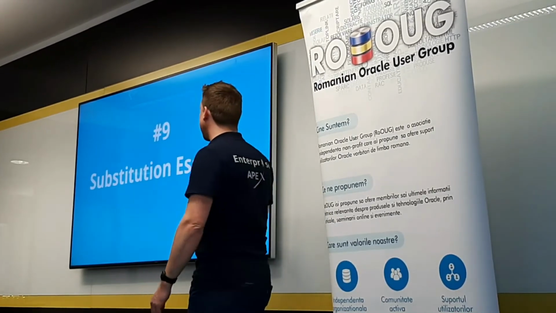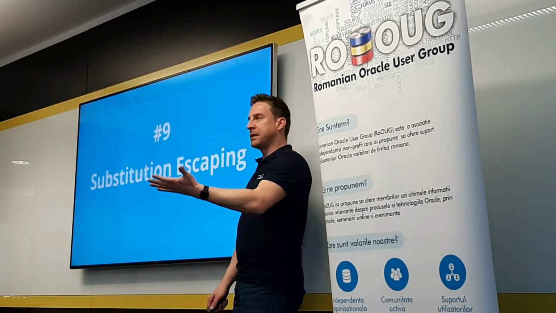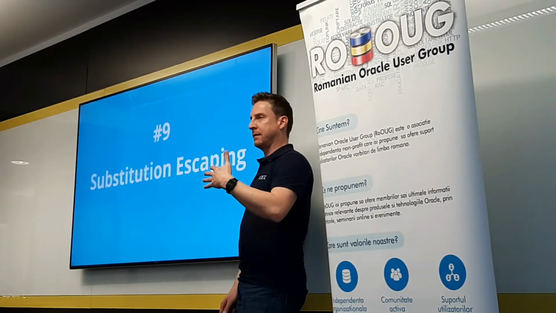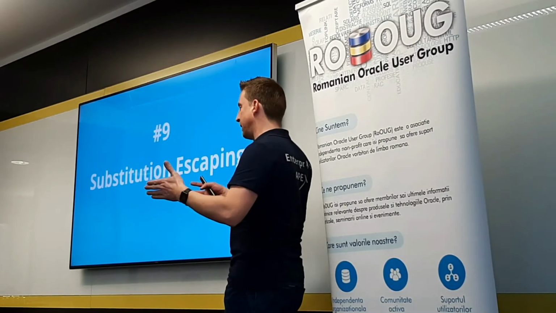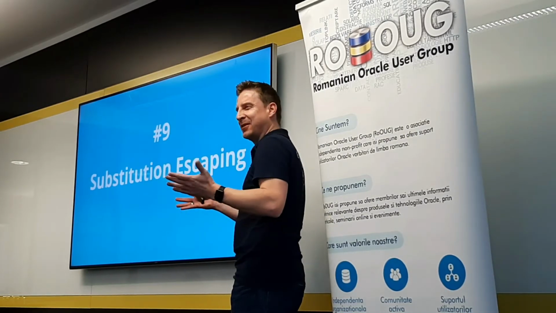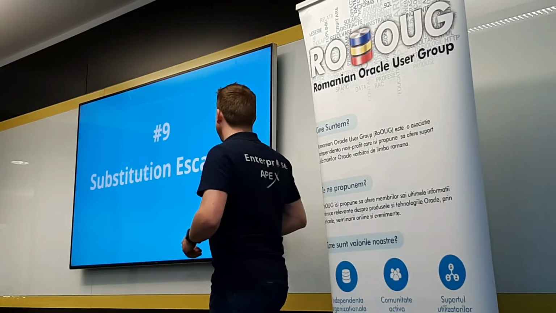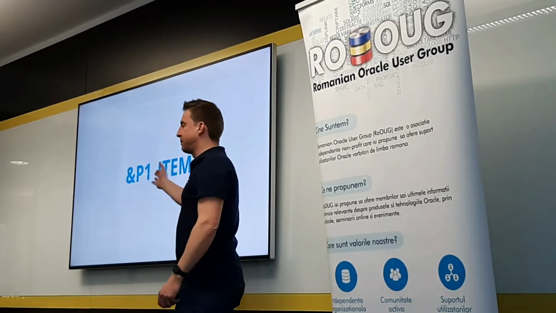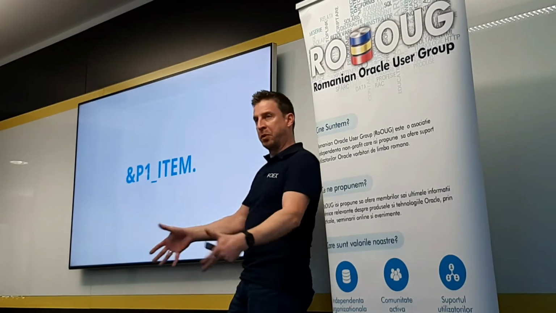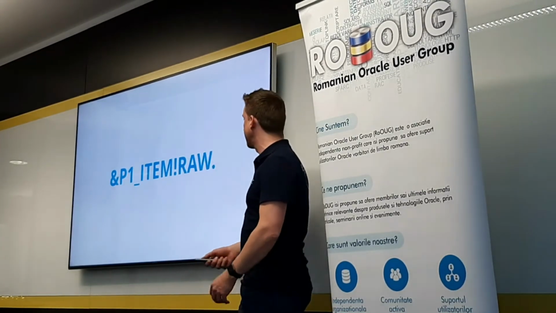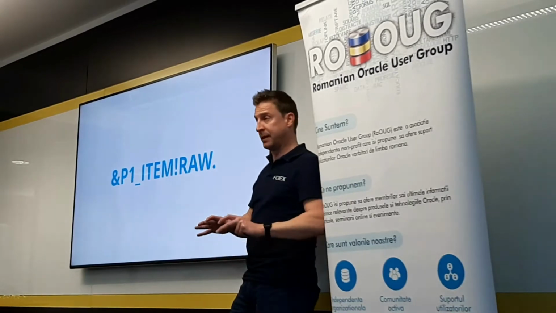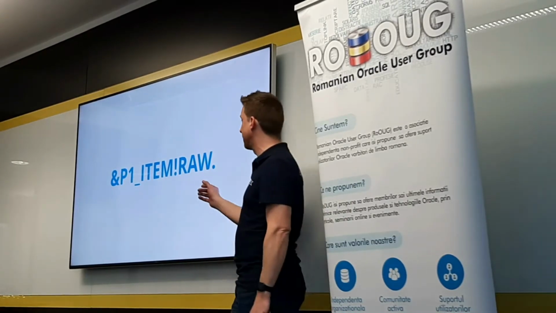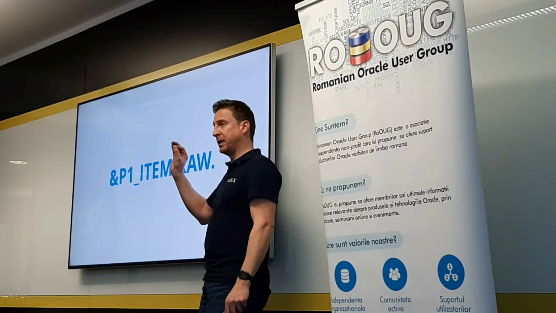Okay, so that brings us to substitutions. Since a few versions, you can control how they are put out, because of security and all that. So instead of just specifying that's my item, put in the text, you could say exclamation mark RAW, so give me the exact same value, because Apex is a little bit intelligent.